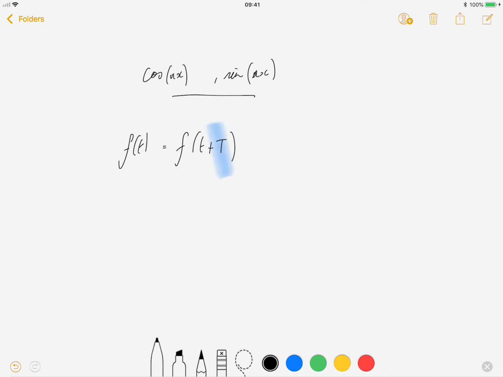So for example, you might have square waves or sinusoids, and we're going to focus on sinusoids. That is combinations of sine and cosine trigonometric functions.